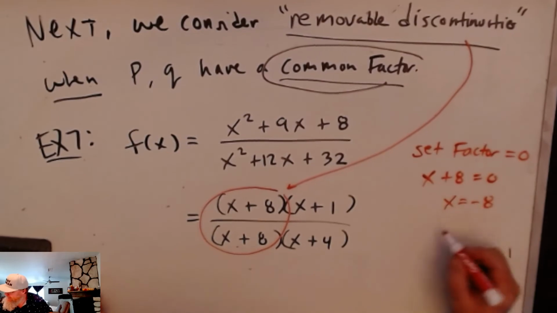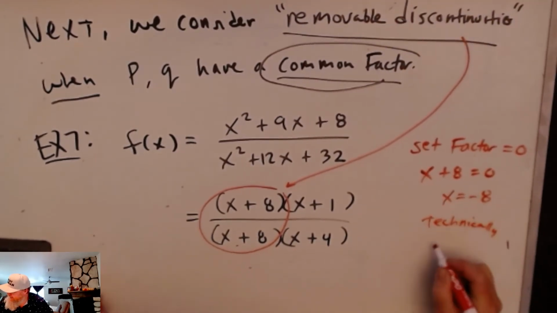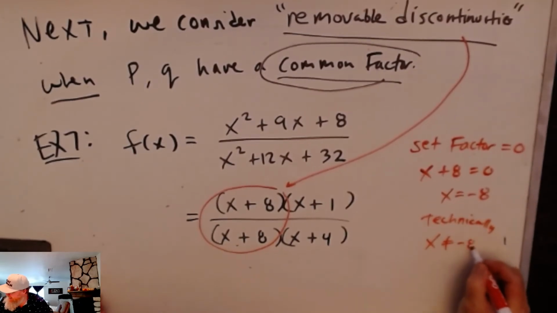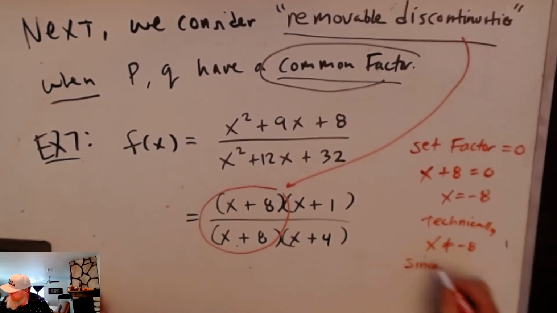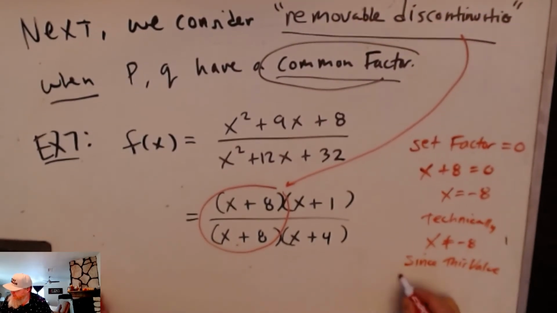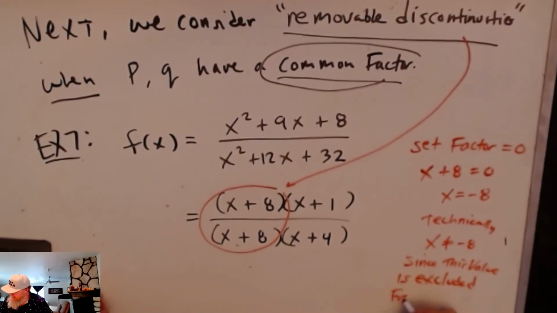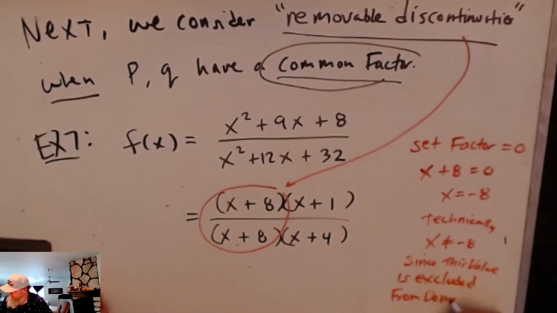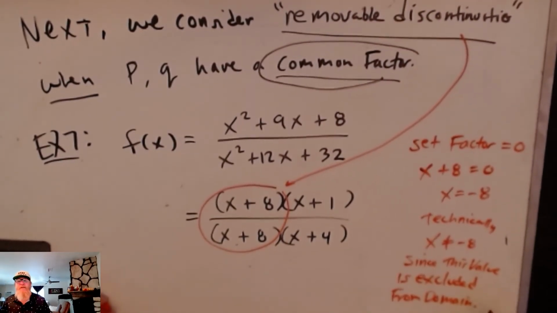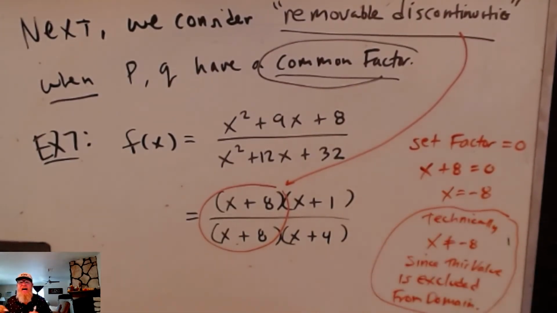Technically, x is not equal to -8 since this value is excluded from the domain. So technically, we say this is not equal to -8.